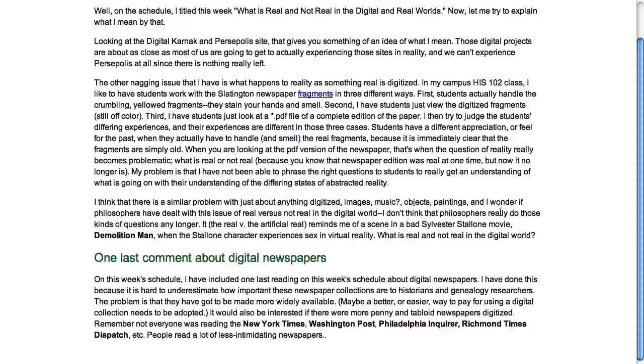And that's a much different experience standing in front of that painting than if you're just looking at a digital reproduction of that painting on an 8 by 10 inch computer screen. So trying to get a handle on exactly what digitization does to the reality of an object is something that I've been struggling with, and I'm not really sure that I've come to any clear and concrete conclusions yet.